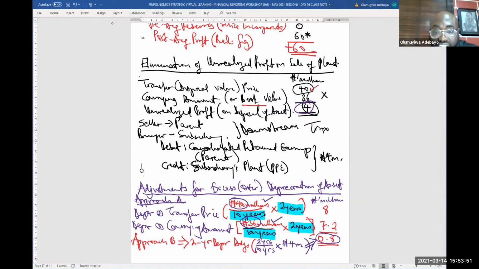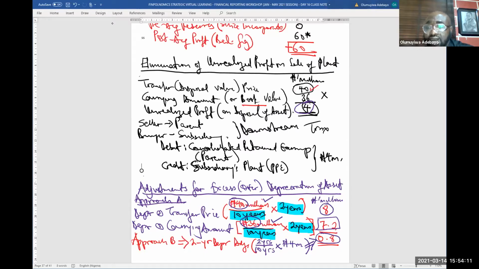Now the question is this. The subsidiary has charged 8 to its profit instead of what? 7.2. That will have understated the profit of the subsidiary because you have overcharged an excess. Now that we have discovered that, what do we do?